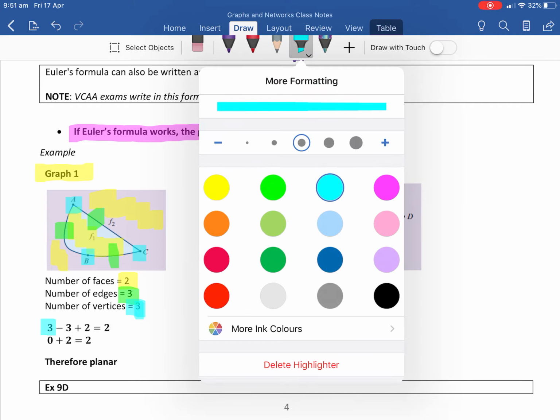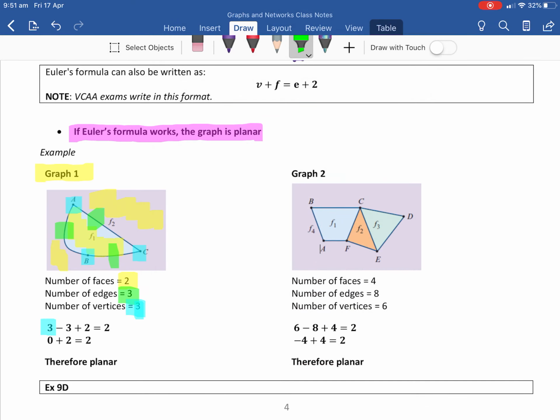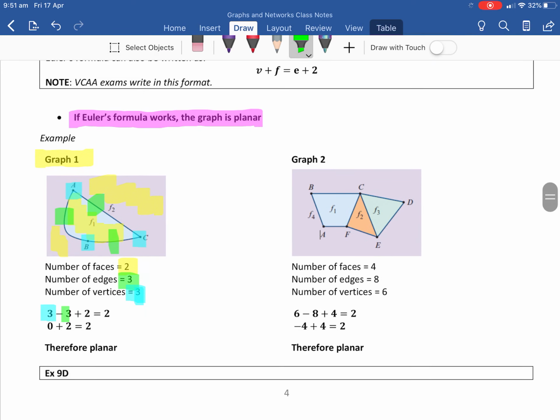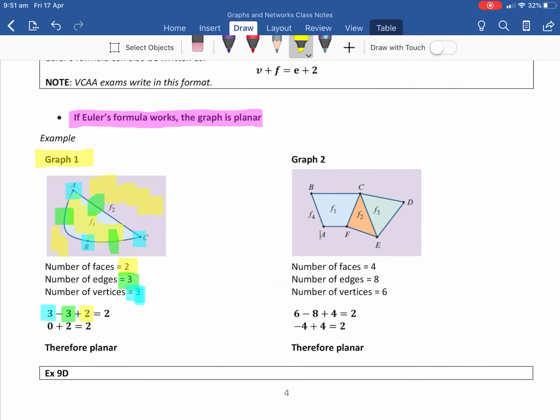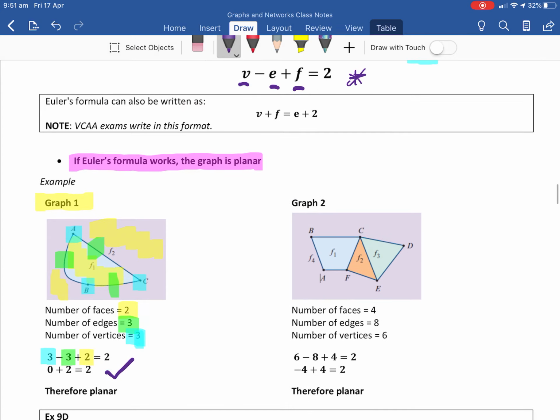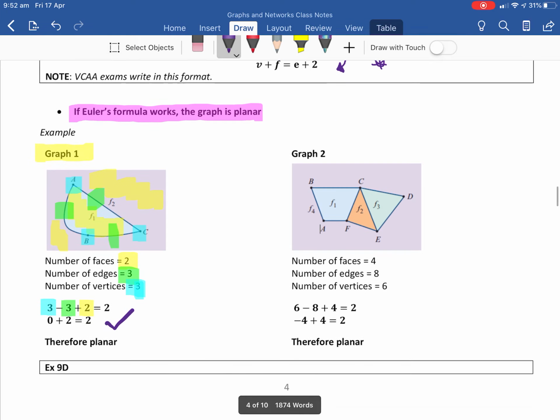Vertices is the first number, then we subtract the edges, and then we add the faces, and that should equal 2. So 3 minus 3 is 0, plus 2 equals 2, correct. So therefore it is planar. Sorry, I just realized up here, these are the same, they're just written differently. But you still substitute in your values and you can still work it out, it's still fine.